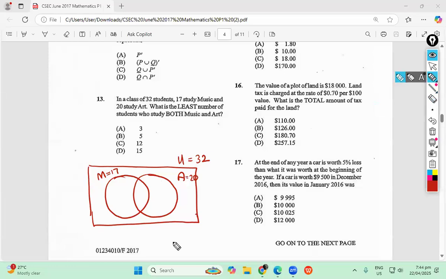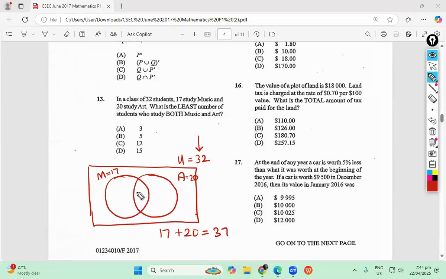Because when you add 17 and 20, you're getting 37 students, but it only has 32. So it seems like it has an excess of 5 students.